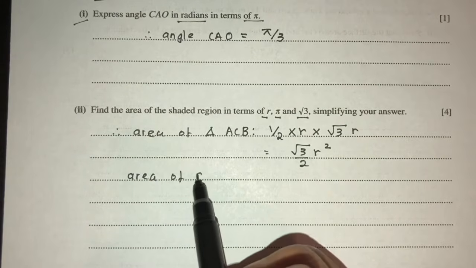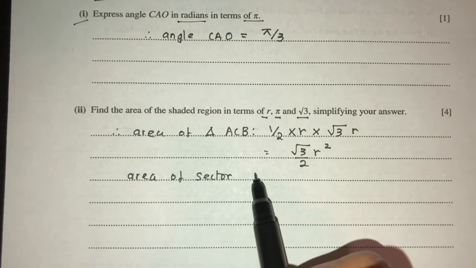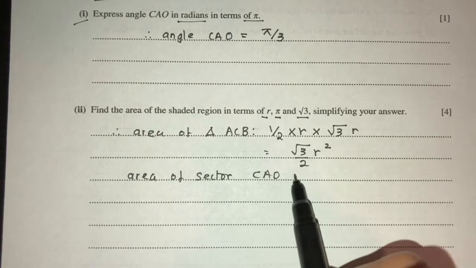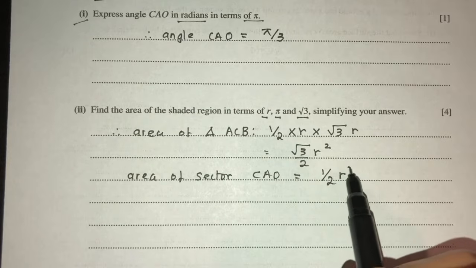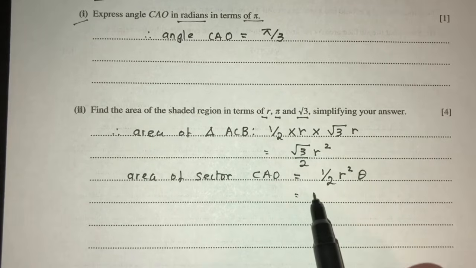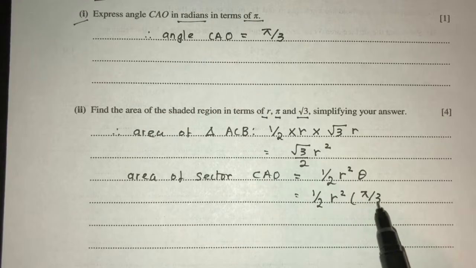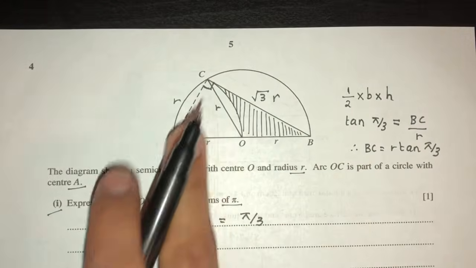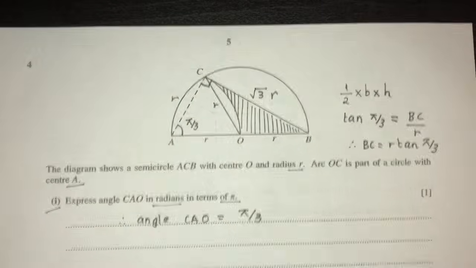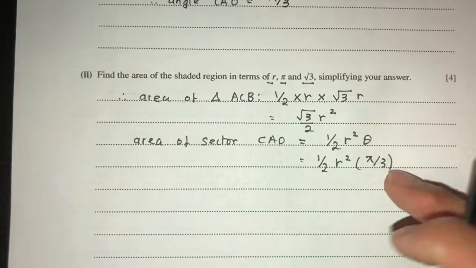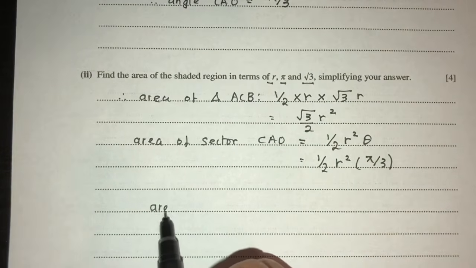Area of sector CAO, that will be half R square theta, which is the angle. Half R square is R square, theta is pi by 3. Okay, so since we have the area of the triangle, we have the area of sector, so we have to minus. So this minus this will be area of region.